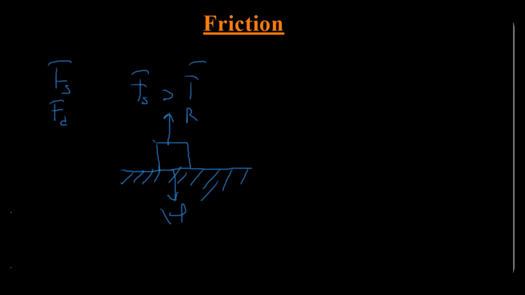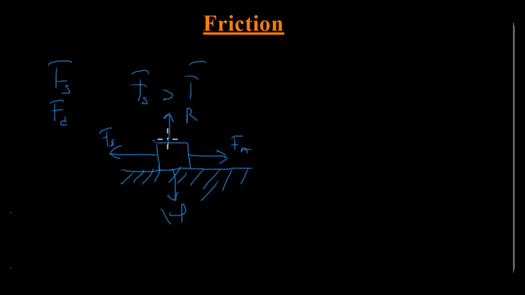Now, if this is clear, then let's move on to another concept. We're going to be using this box again to analyze this. So imagine I were to apply a force in this direction, FA, the applied force, and then I have my frictional force opposing this. So I'm going to start with Fs, because remember, we said Fs means static friction.